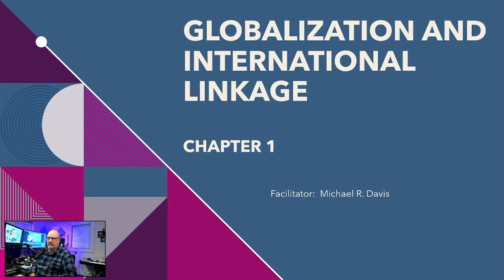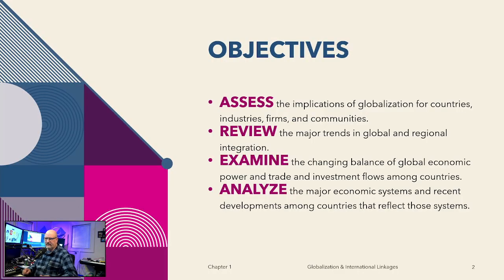Well, let's jump into our chapter 1 today, globalization and international linkage. Our objectives for today are to assess the implications, not the implementations, but the implications of globalization for countries, industries, firms, and companies.